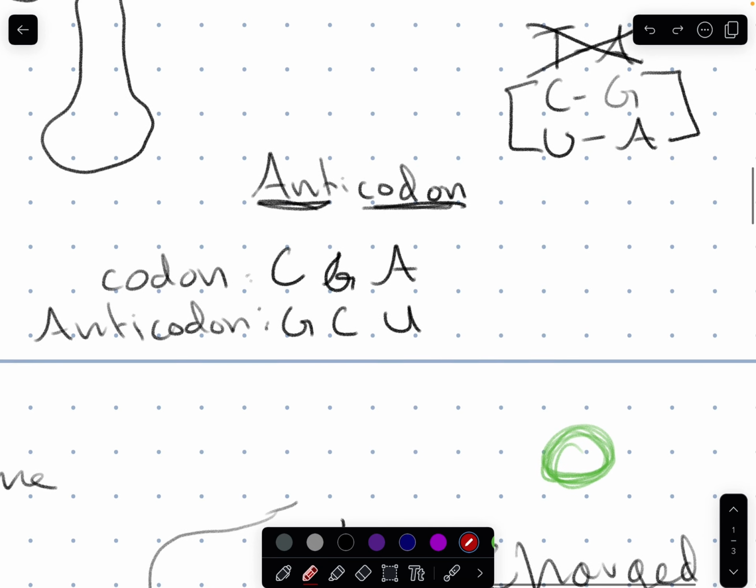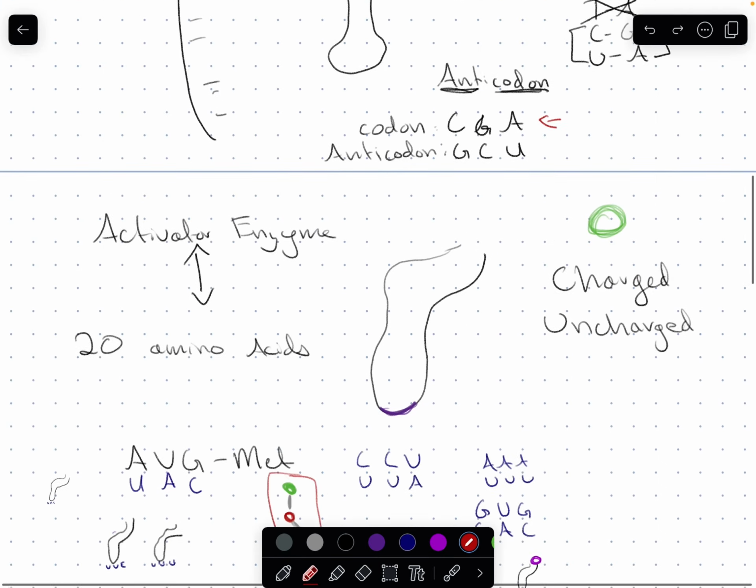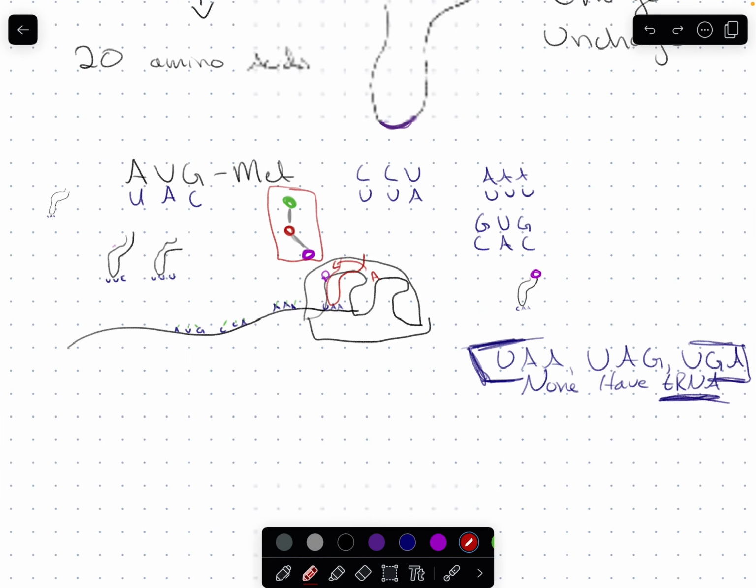You just find your codon, your three nucleotides, and then you'll find the complementary base pair, and that becomes your anticodon. Do note that things start in the A site and then move to the P site as the ribosome moves. The mRNA doesn't move, the ribosome moves across it.